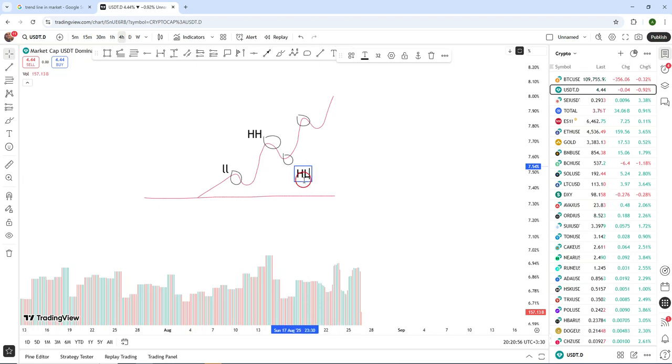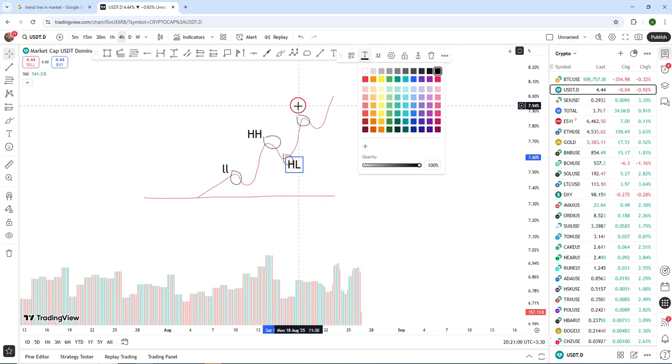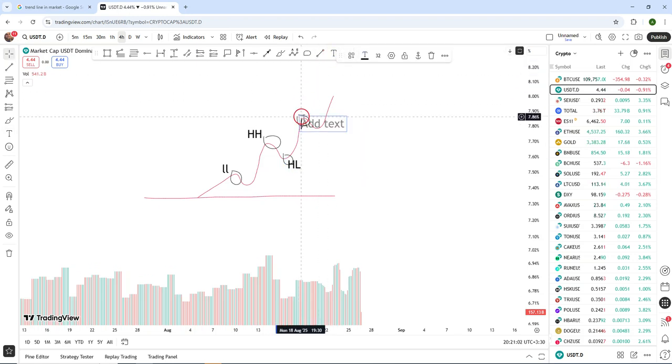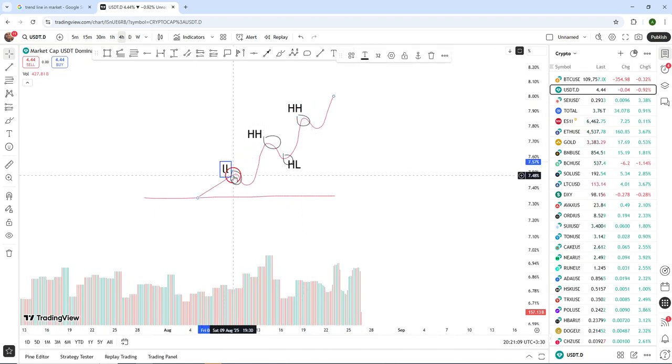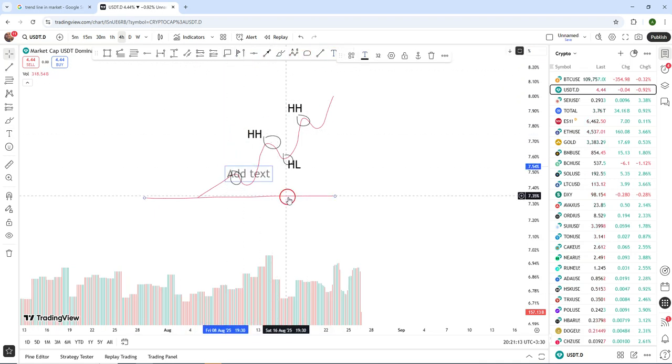Higher low, and again here, higher high. Let me edit this one and this part. Lower low.